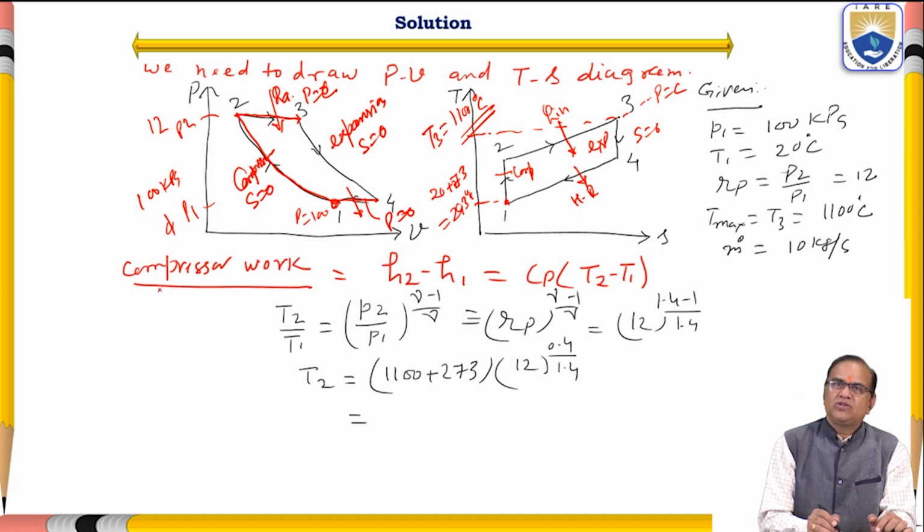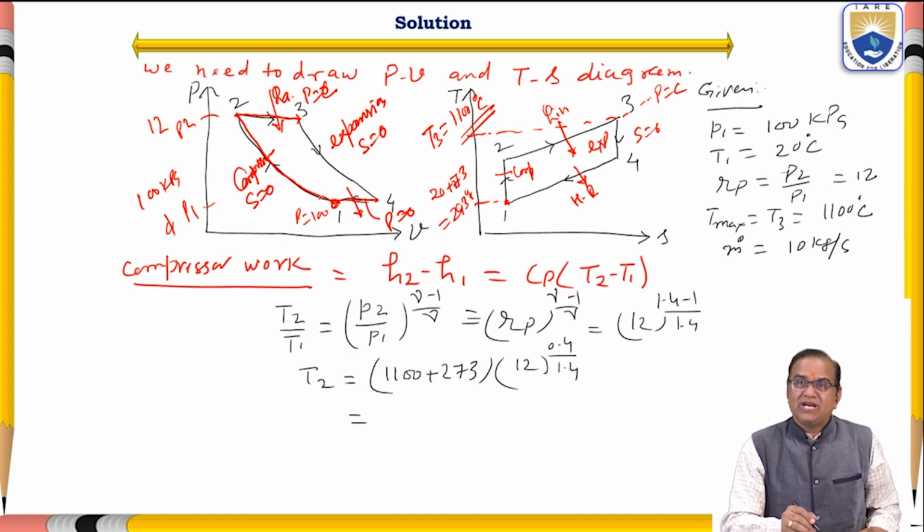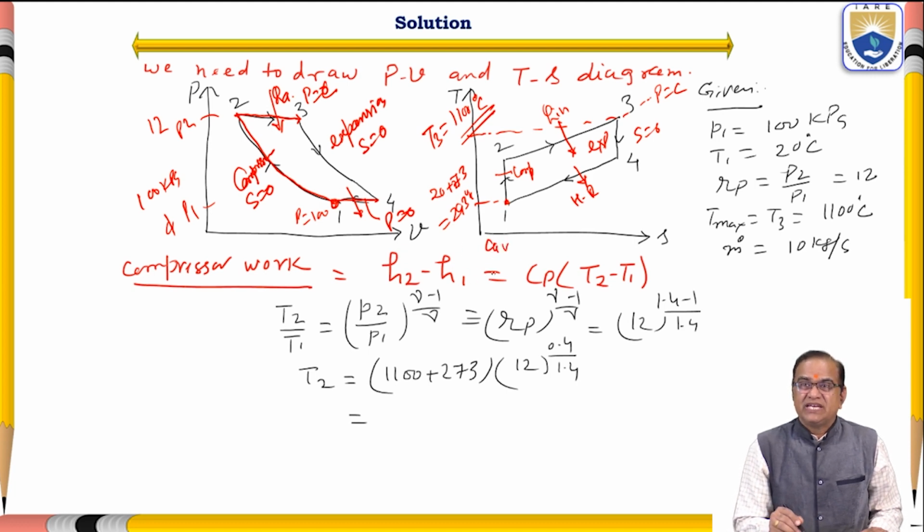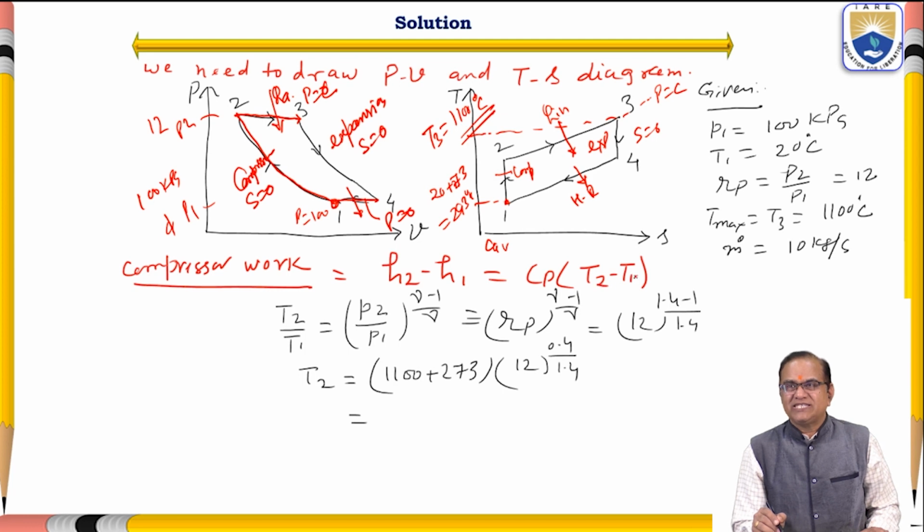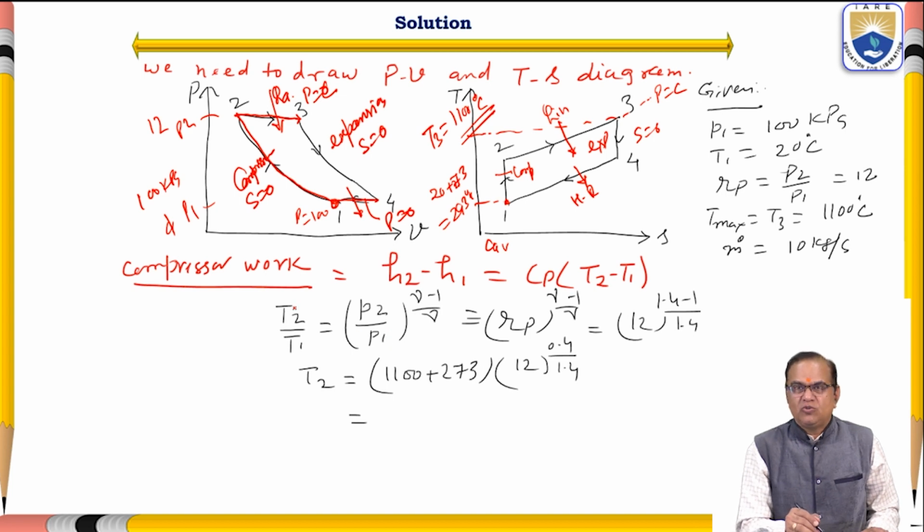So first we will do the compressor work. We know the compressor work is equal to H2 minus H1, and for air it is equal to Cp times (T2 minus T1). But we don't know T2. But we know P2 by P1 is equal to 12. So T2 by T1 is equal to (P2 by P1) to the power (gamma minus 1) by gamma, so Rp to the power (gamma minus 1) by gamma.